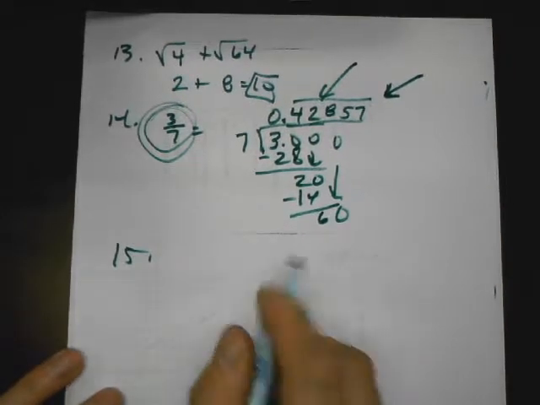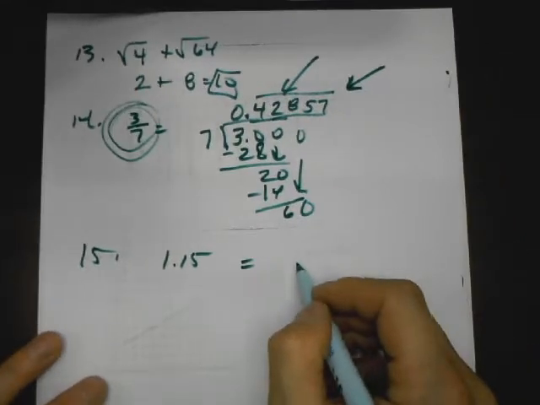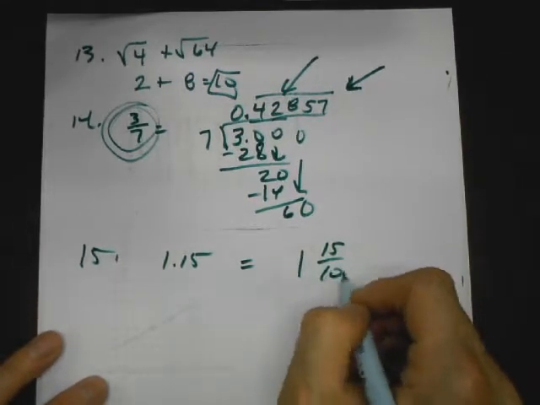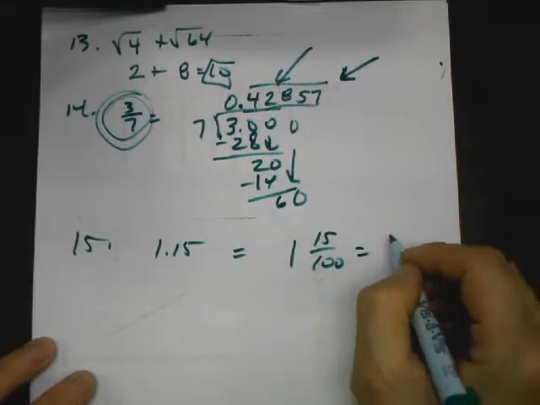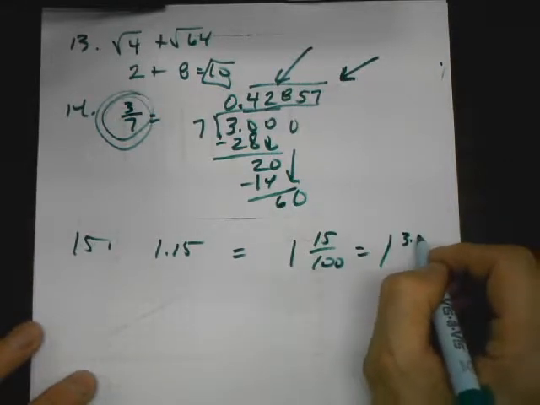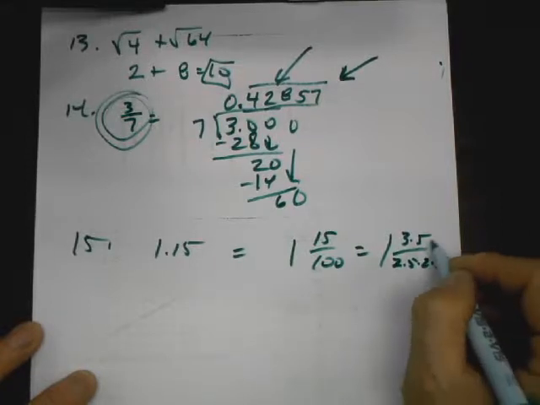Okay. Number 15. 1 and 15/100ths as a fraction or mixed number. So watch the way I said it. I said 1 and 15/100ths. So now it's a mixed number. So what I'm going to do there for number 15 is I'm going to reduce the fraction part. 15 is 3 times 5. 100 is 10 times 10.